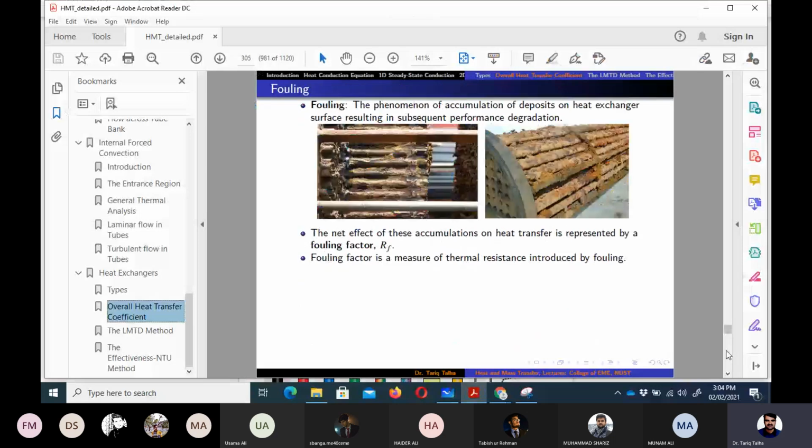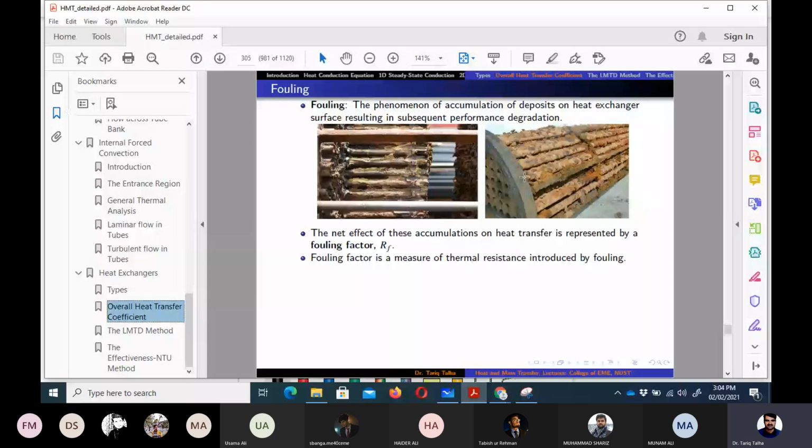You can readily see that there is some kind of substance deposition on the exterior of these pipes. We can clearly see that there is some kind of corrosion in the left hand side figure, and on the right hand side we have some deposition of some substance on the pipe surface.